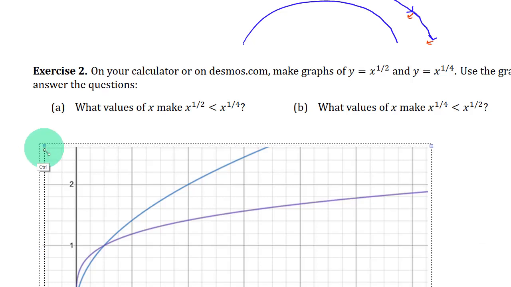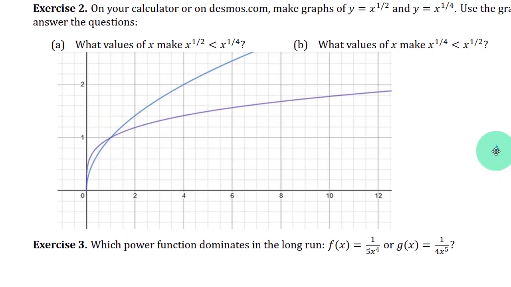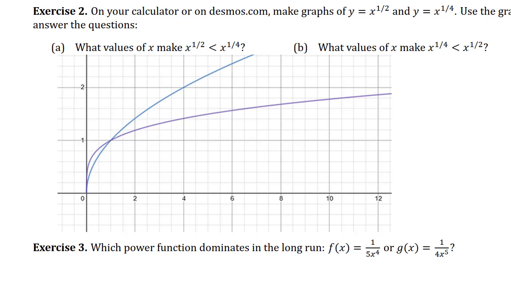So I'm going to paste this here so I can draw on it. What values of x make x to the 1/2, the one in blue here, less than x to the 1/4? Well, the y coordinates are less than this.